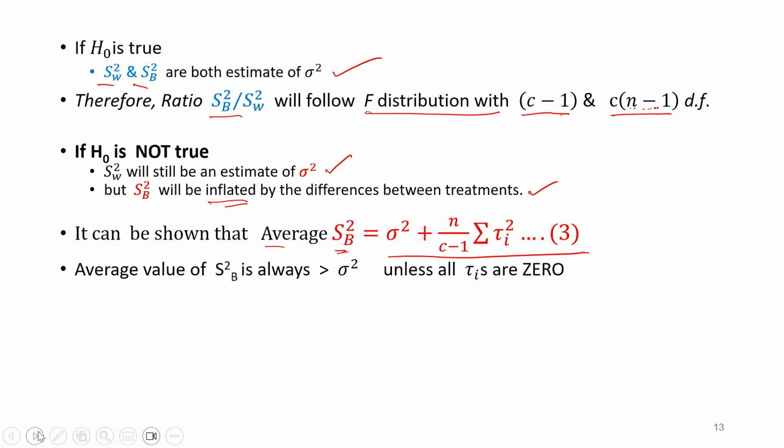What is the importance of these equations? It basically means that the average value of S squared B is always greater than sigma squared, because S squared B has one term, sigma squared, plus an additional term, this one. So S squared B will always be greater than sigma squared, unless all tau j are 0.